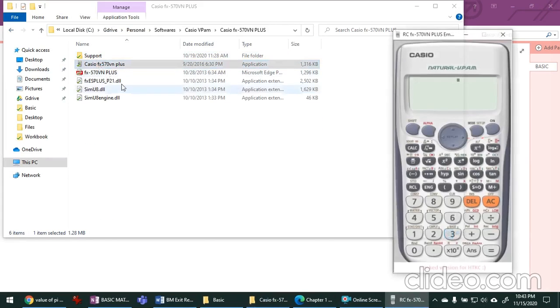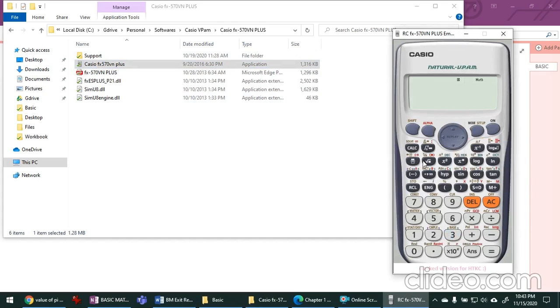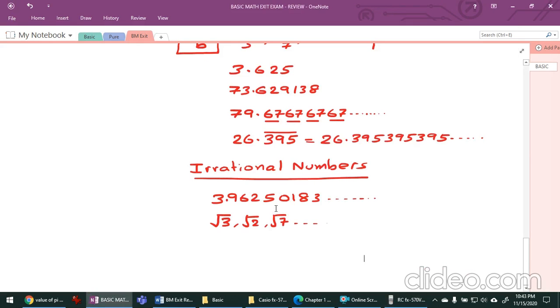I have number 2, √2. What is the answer? 1.4142135562. It is not stopping and not repeating. Same thing if I take √3: 1.732050808, like that it is going and it will never stop. So all these are irrational numbers.